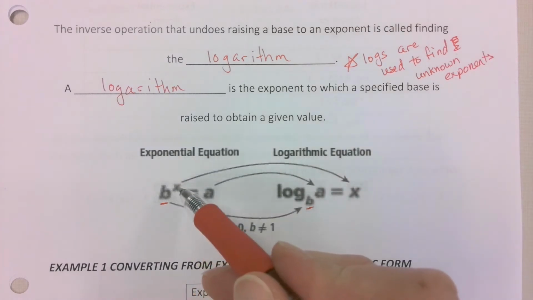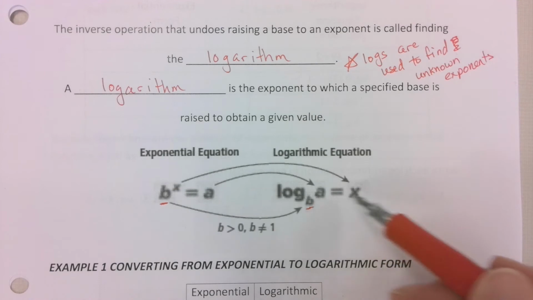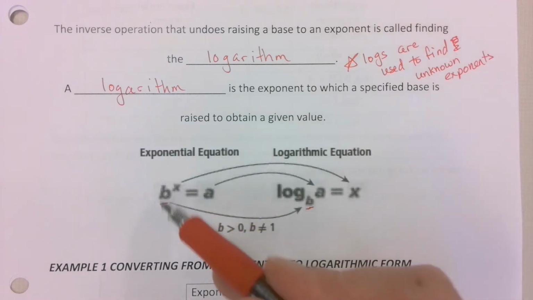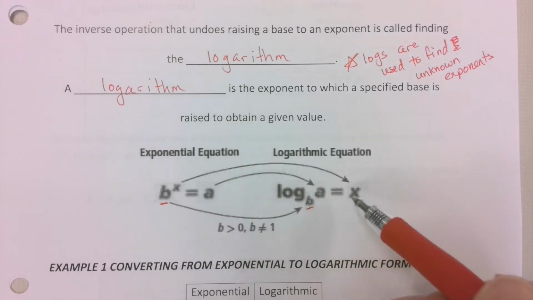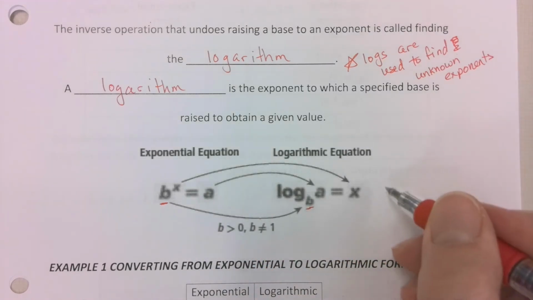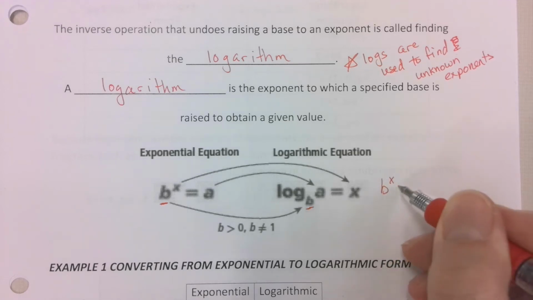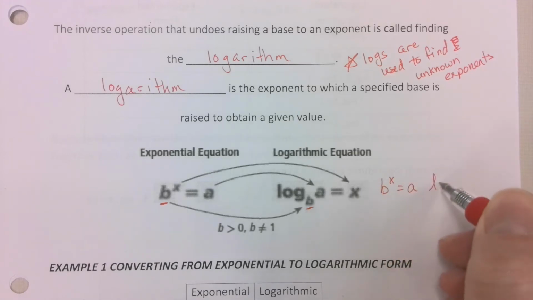Logs are known to solve for unknown exponents. So x is my unknown exponent. The log is equal to the exponent, and then we are taking the log of our answer in the exponential equation. So log base b of a equals x. One of the ways people remember this is sort of a flow chart.